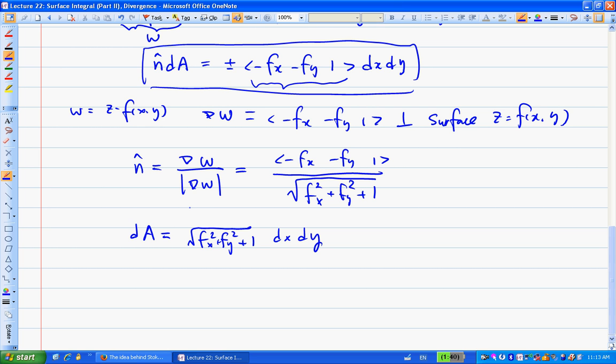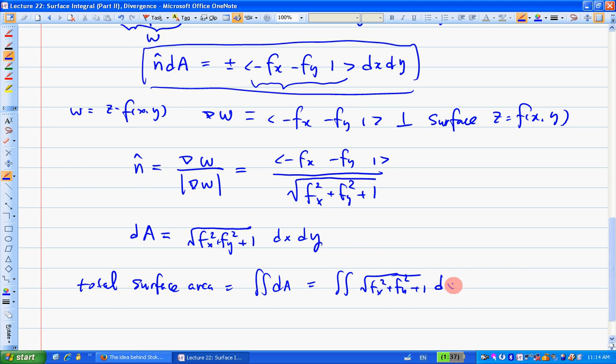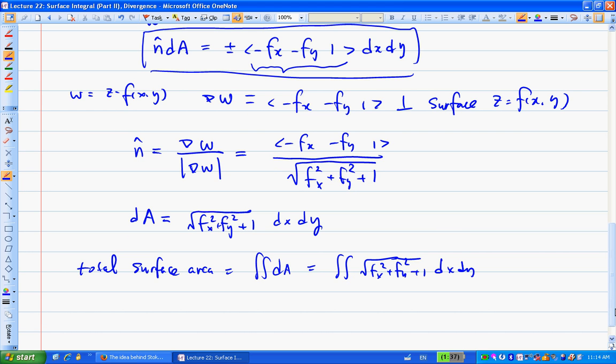You pick one small area and you add all the small areas up, right? That's the total surface area. So if I use an integral, basically the total surface area will equal the integral of dA here. Okay, so this is the integral.